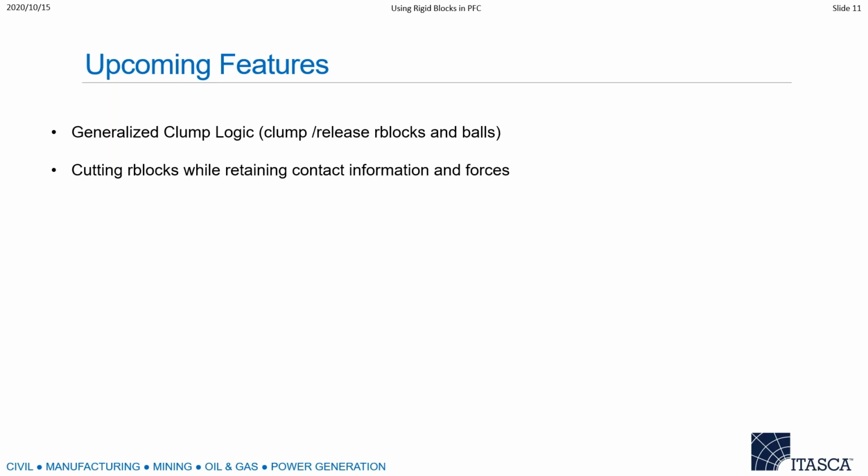If you are an advanced PFC or FISH user, you can store those forces and then try to reinstate the contacts and the forces with the new blocks that have been cut. But all of this will be available through commands directly in PFC version 7.